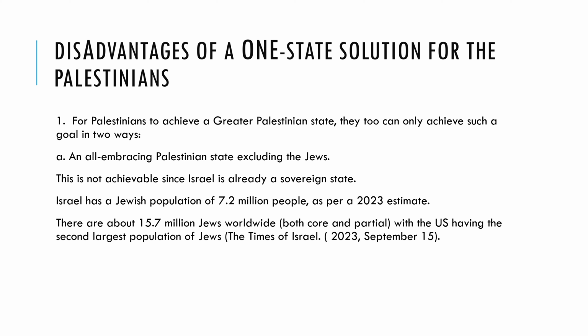Israel has a Jewish population of 7.2 million people as per the 2023 estimate. There are about 15.7 million Jews worldwide, both core and partial, with the US having the second largest population of Jews.